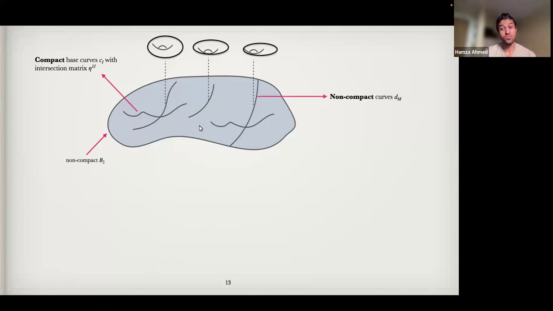Then you also have certain non-compact curves in the base. And furthermore, the most beautiful thing about F theory, in my opinion, is that you can encode the gauge algebras that I talked about earlier in the singularities that the torus develops over certain curves in the base. You can have a vanishing discriminant, so one of the cycles of the torus can pinch.